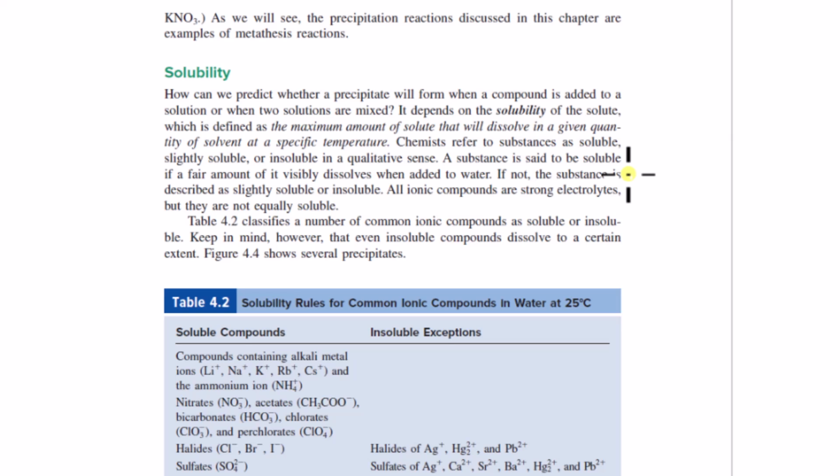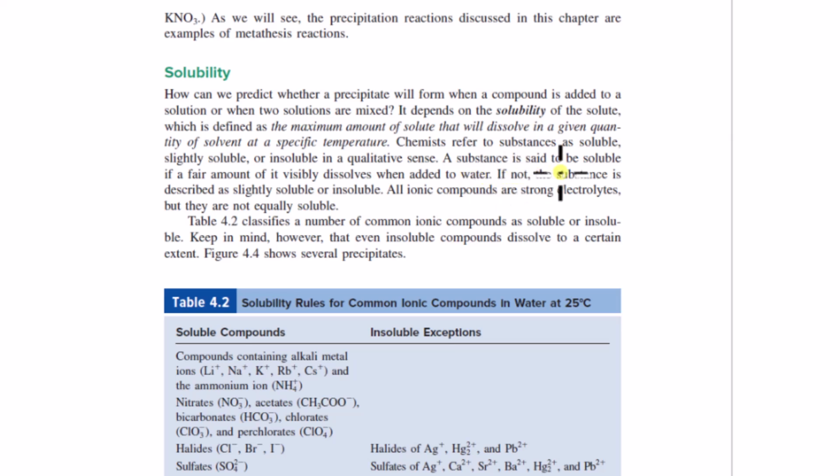It doesn't matter the extent of the solubility if it is soluble. And so if something is insoluble, then with a certain amount of solvent at a specific temperature, a negligible amount of that substance is going to dissolve, no matter how much you add. Okay, chemists refer to substances as soluble, slightly soluble, or insoluble in a qualitative sense.